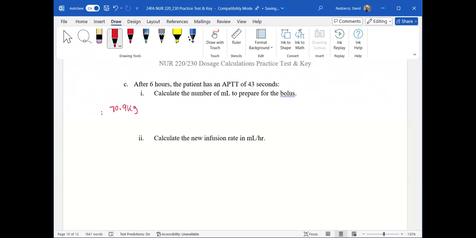Now, the new milliliter bolus tells me to rebolus with 40 units per kilogram. So I'm going to multiply by the 40 units per kilogram. And then I'm going to get 70.9 times 40 for 2,836 units.